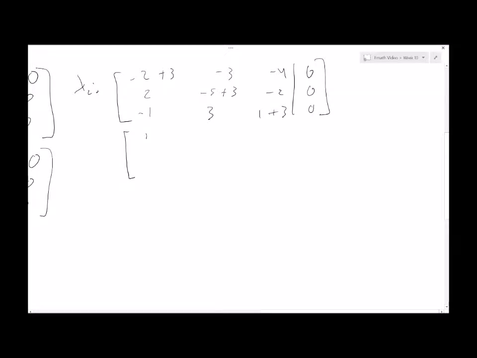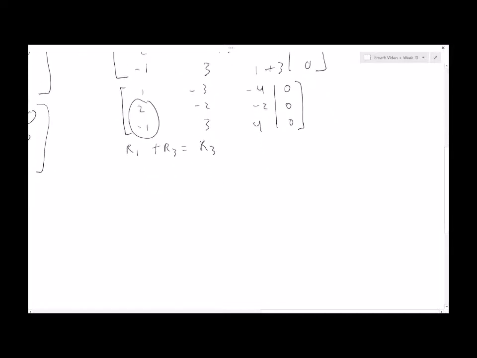It's going to be 1, -3, -4, 0, 2, -2, -2, 0, -1, 3, 4, 0. Alright, so 1 is in the top left corner. That's good. That's what we want. Now let's try and make these 0. So I'm going to do row 1 plus row 3 equals row 3.